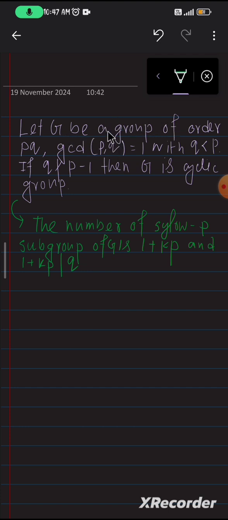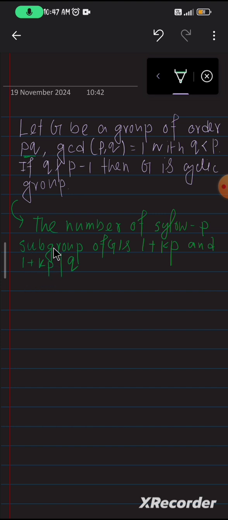Given that the order of the group is PQ, and GCD of 1 plus Kp comma P equals 1, 1 plus Kp divides the order of the group, that is PQ.